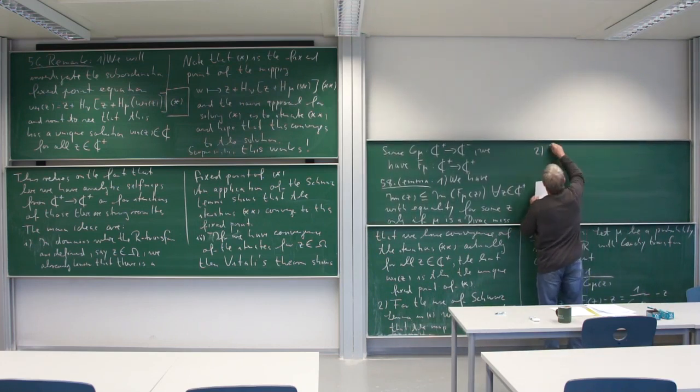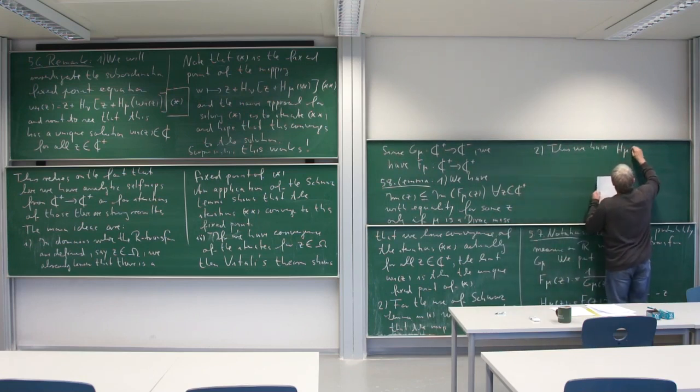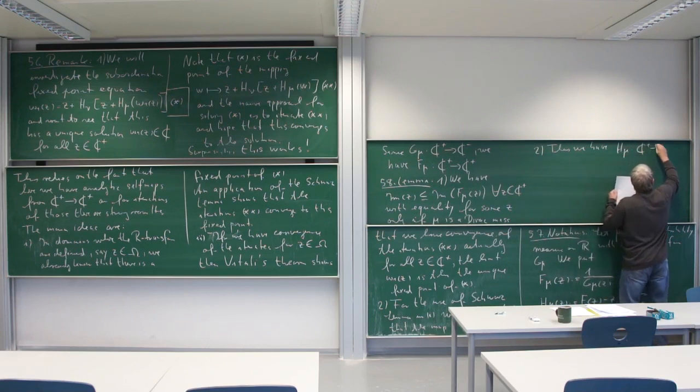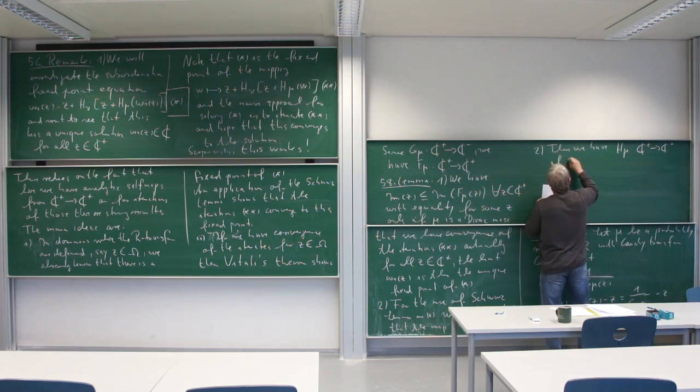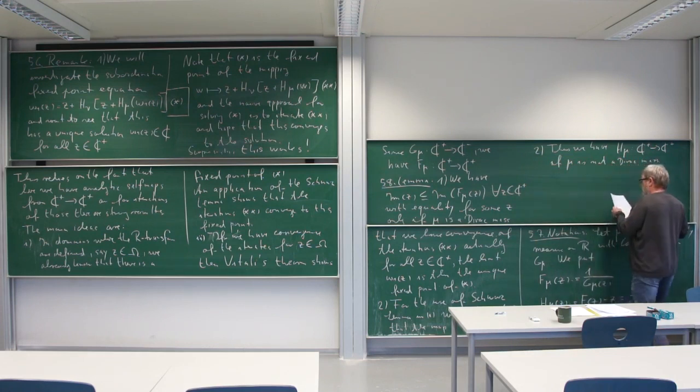So, as we have, H mu goes from C plus to C plus if mu is not a Dirac mass. If it is a Dirac mass, so if it is delta A, then we can calculate very easily what H is.